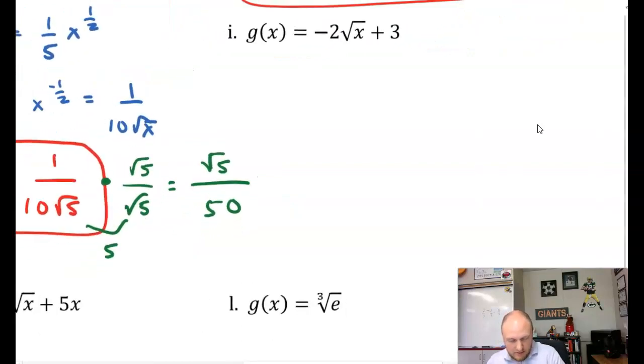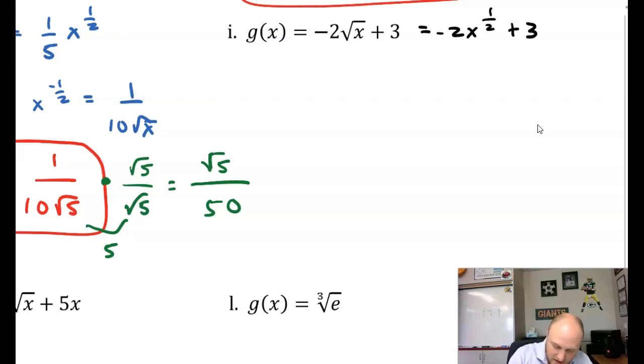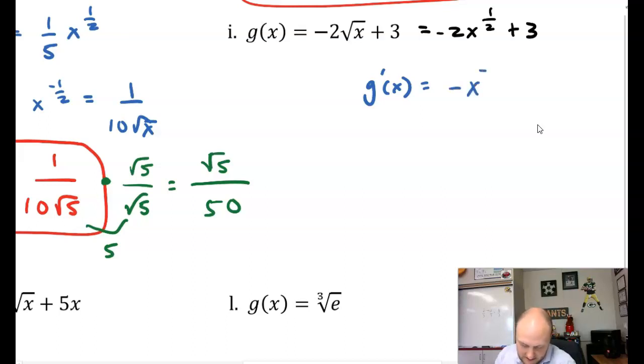On I, I'm going to again get this ready to differentiate. So I have -2x to the power of 1/2 plus 3. And I'm going to use my power rule now to differentiate. So we get -2 times 1/2 is just a -1. X to the power of -1/2. Derivative of a constant is 0.